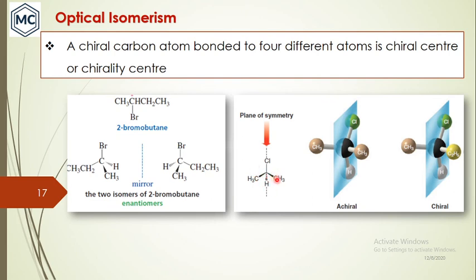Whereas in this particular case you have a plane of symmetry, and this half is the same as the other half, so it is not a chiral compound. But if you substitute one of the methyls with an ethyl group, it becomes chiral, because it no longer has a plane of symmetry.